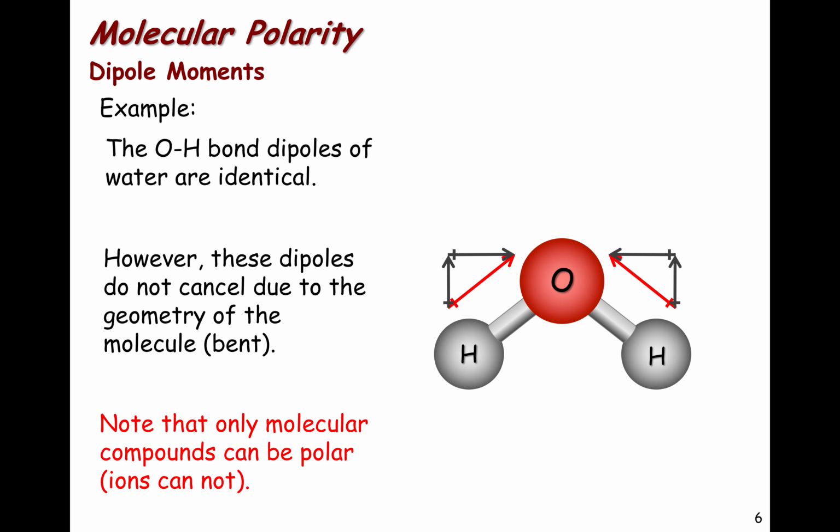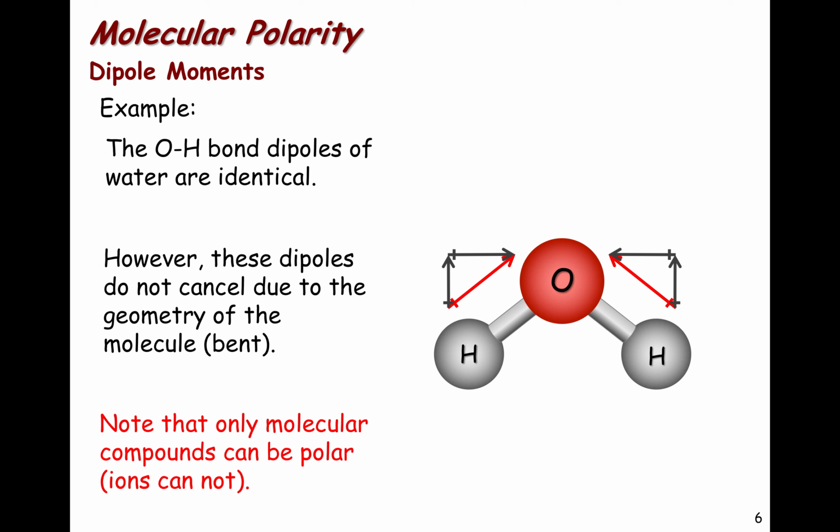However, you'll notice that the shape of water is a bent molecule, and therefore what we need to do is to take and break the vector associated with the bond dipole into its components in both the vertical and horizontal direction, as you see here. You'll notice that the two horizontal vectors are pointing directly at each other, and therefore those two components cancel one another.